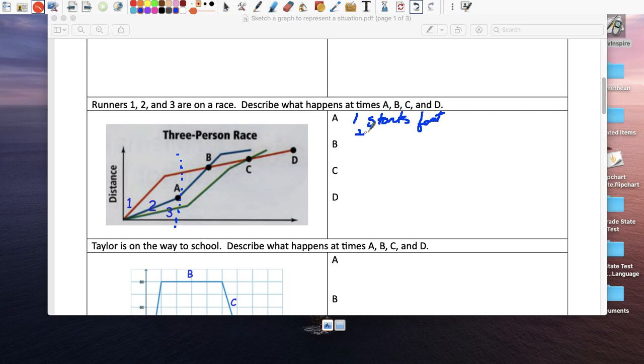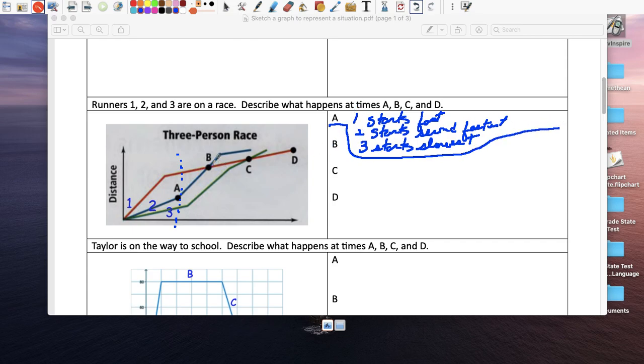Runner 2 starts second fastest. And runner 3 starts the slowest. Maybe he's conserving energy, knowing that the race is going to be a long one. He starts nice and easy.